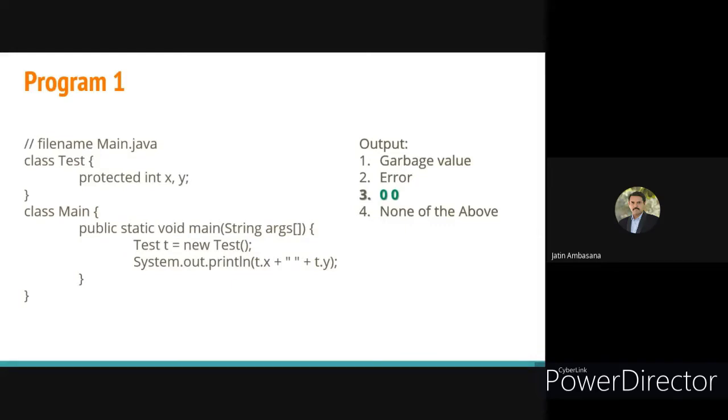And since these are protected, these can be accessed as instance variables, at least inside the same package. Here both the classes are in the same package, so that's why we are able to access it.